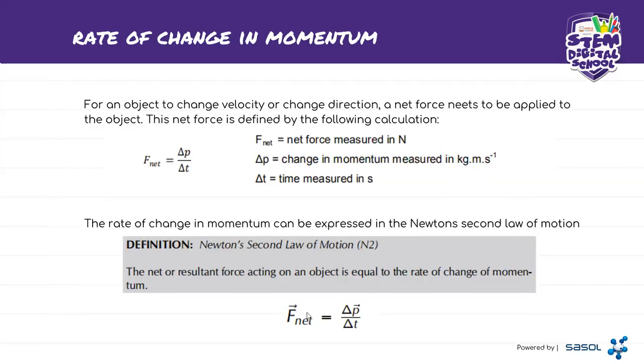So this is what Newton's law of motion states. Basically, the net force is proportional to your change in momentum, but inversely proportional to your change in time. So if you increase the time, the longer it takes, the less your net force becomes.